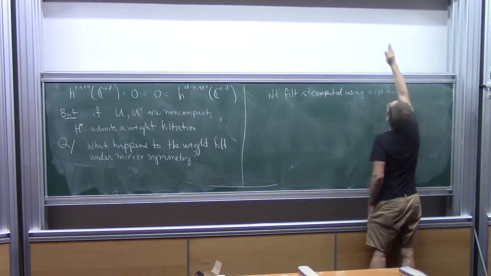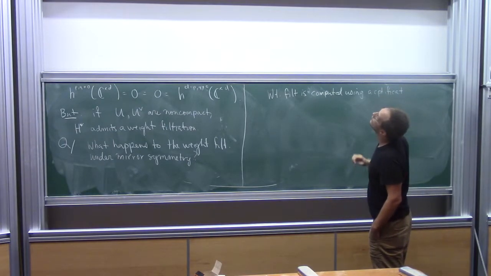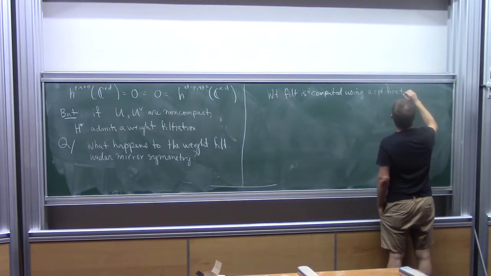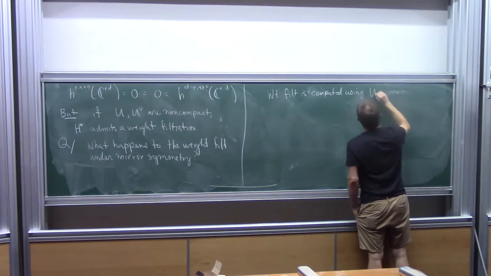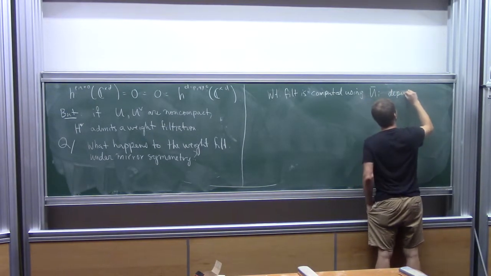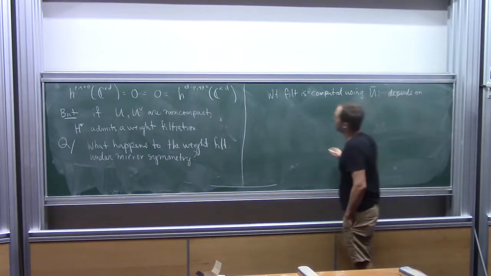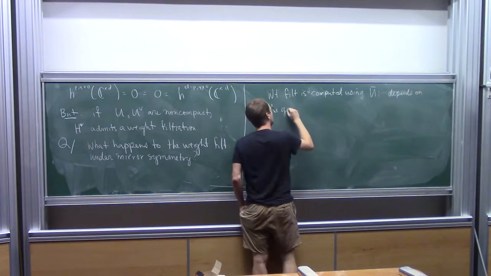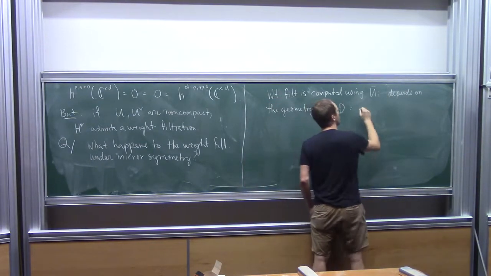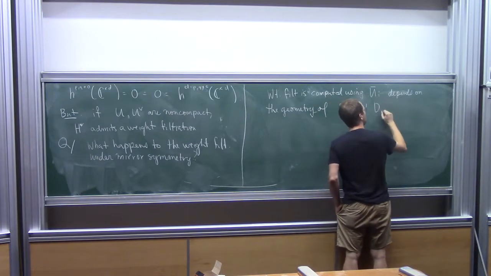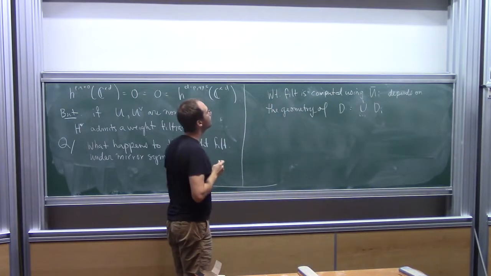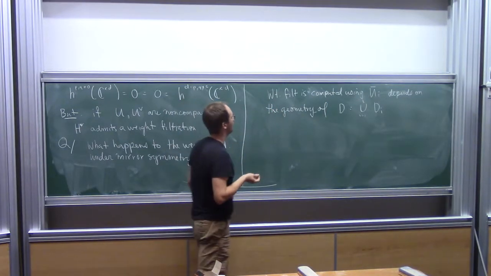So I chose a compactification of U to U bar, so that the complement is some normal crossings divisor D. And it depends on the geometry of D. So D is the union of divisors D_i, i equals 1 to k. So this is how this is computed.